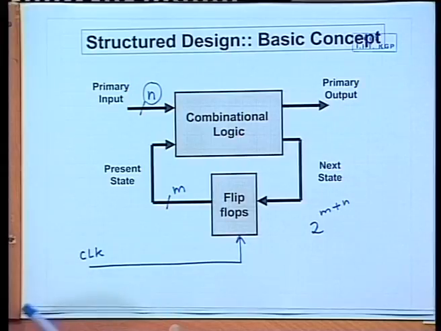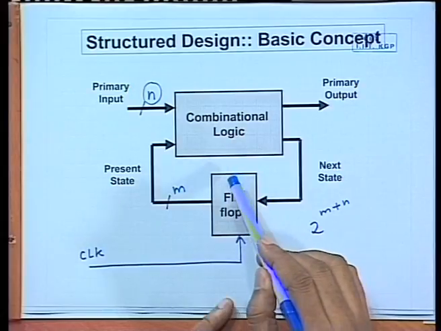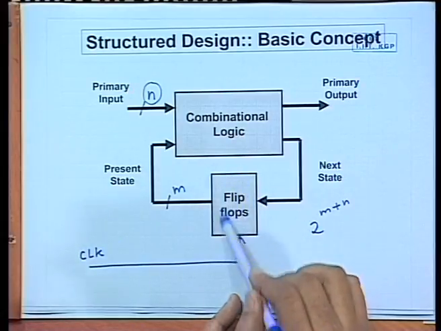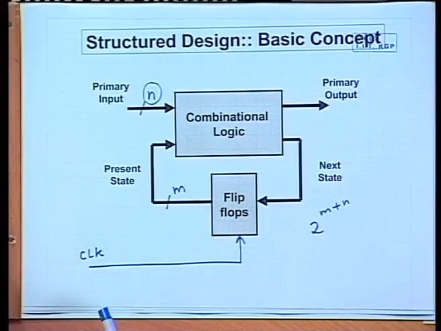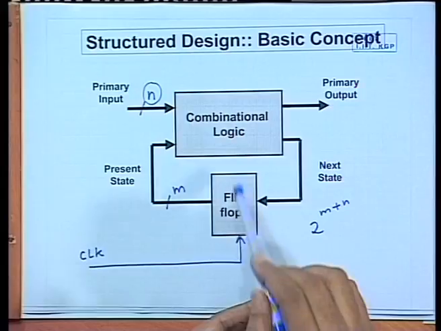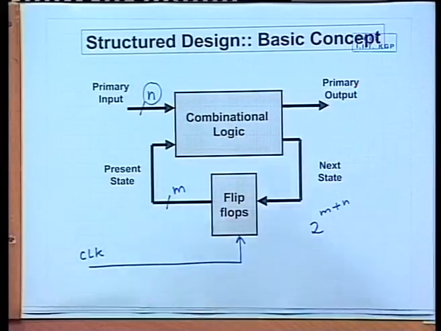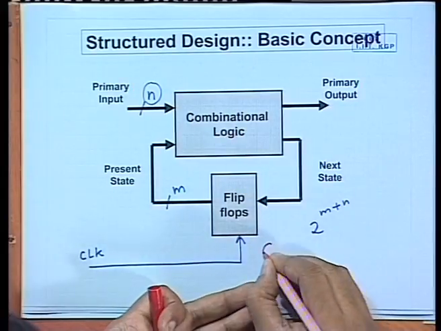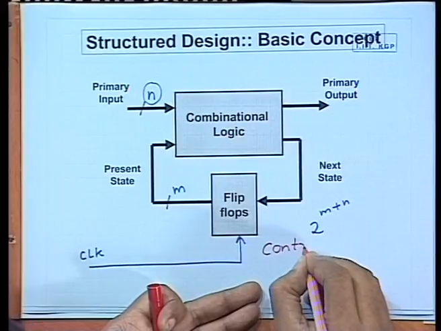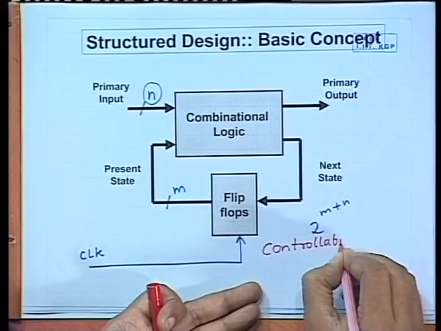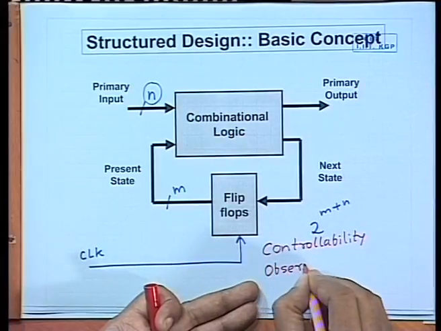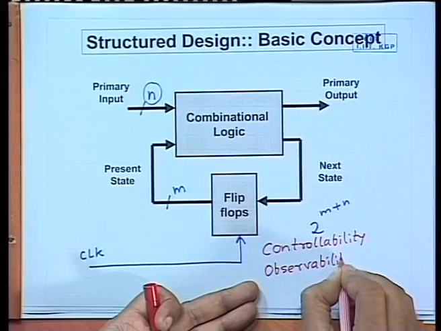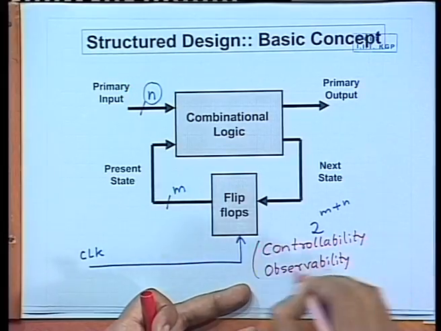Now suppose we can devise some mechanism using which we can set these flip flops to any known value externally rather easily, and also we can observe the values of these flip flops. So, what we are saying is that we want complete controllability and complete observability of these flip flops.